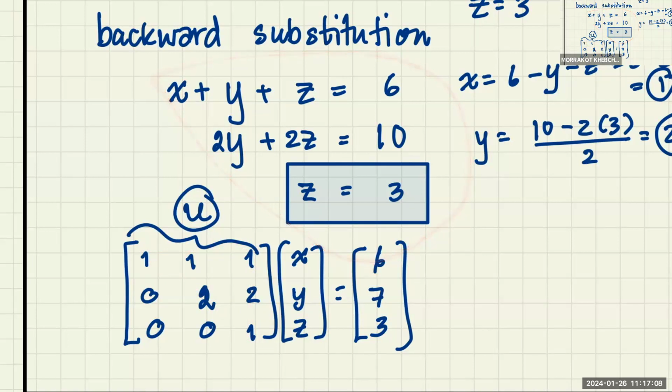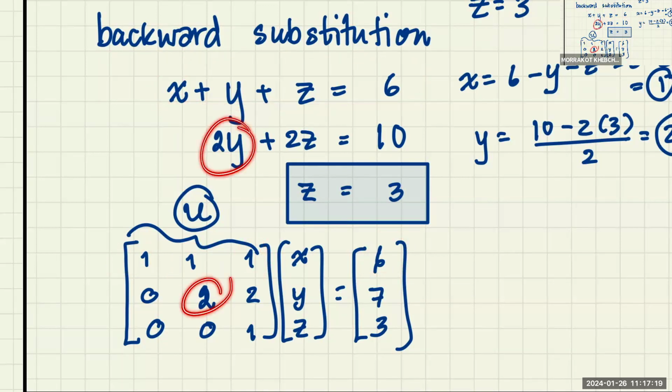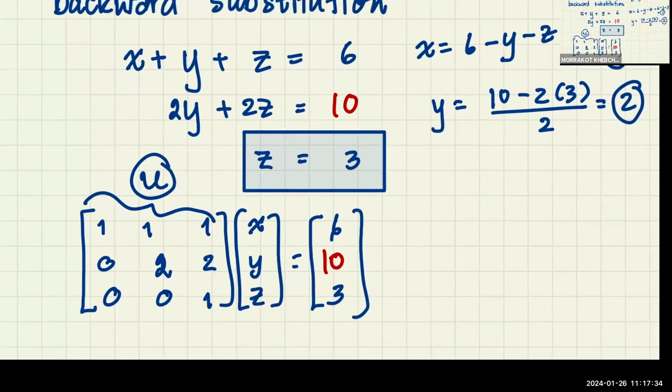Okay. If you look at the system like this, for this example, it is x plus y plus z equal to 6, 2y plus 2z equal to 7. Write down, or 10. I made a mistake. Okay, 10, and then z equal to 3.